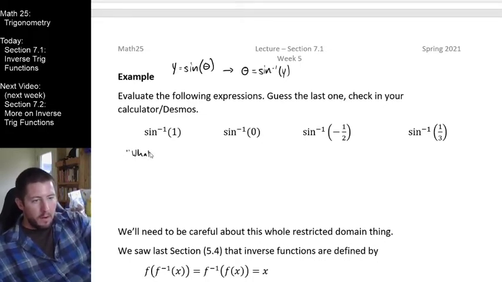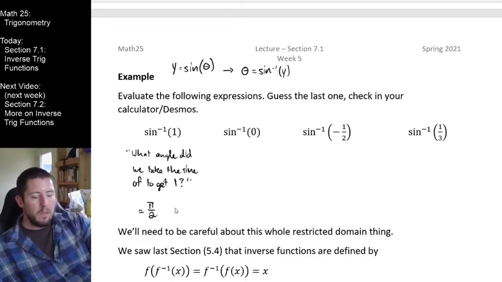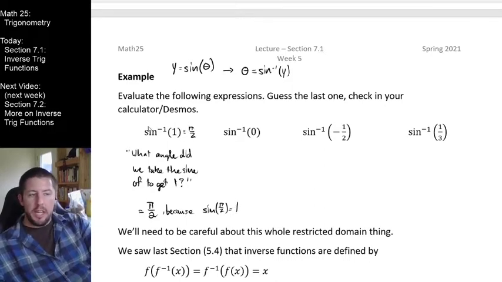So I'll write this one. This should be equal to pi halves. And notice that we've switched input and output.